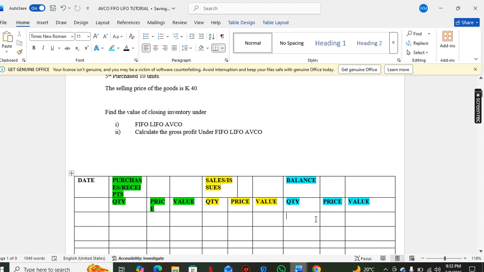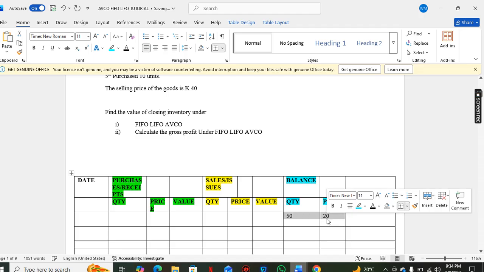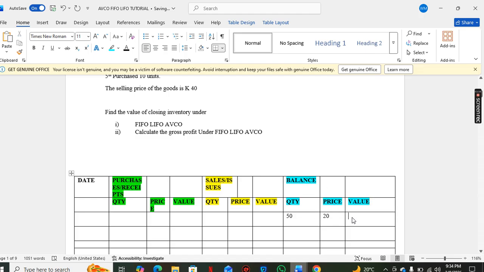So here you put 50 units valued at 20 kwacha. What is the total value of these units? 50 times 20, 1,000 kwacha. That is the first step. You put in your opening inventory. Any questions?